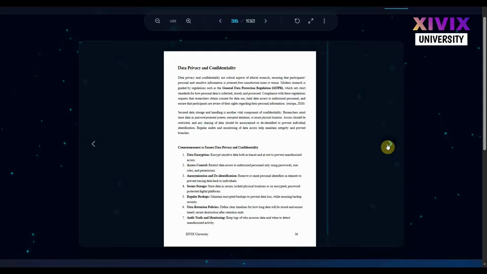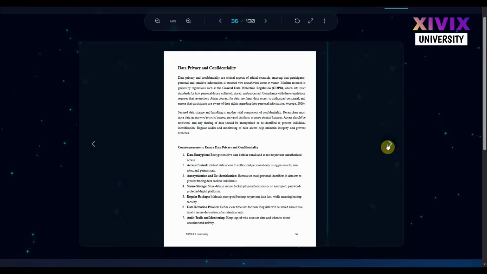As countermeasures to ensure data privacy and confidentiality, a researcher could use encryption for sensitive data in transit and at rest to prevent unauthorized access, and access control to restrict data to authorized personnel. And the anonymity of the data and de-identification, basically remove or mask personal identifiers in datasets, such as this is why you should not collect their sensitive data like bank account numbers, private addresses, passwords, etc.